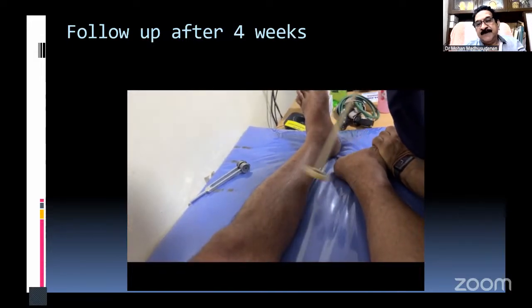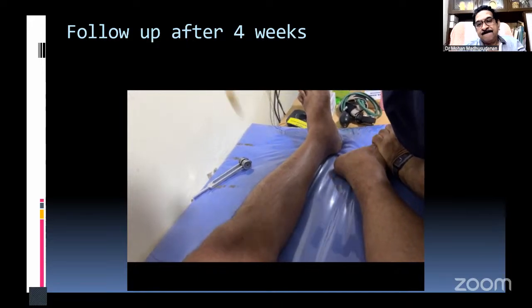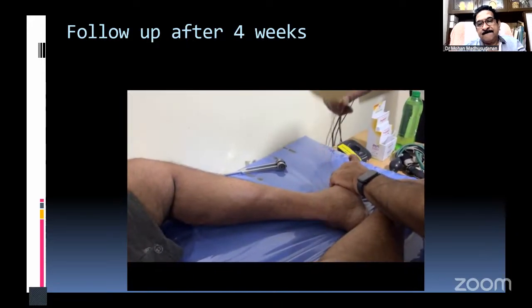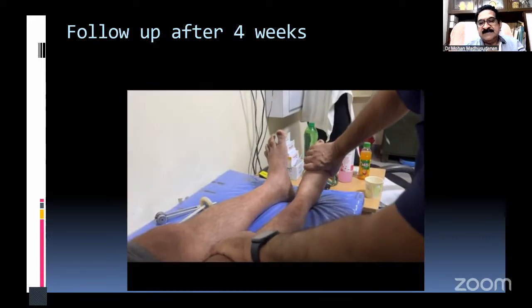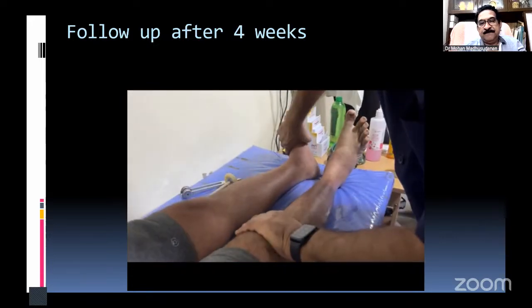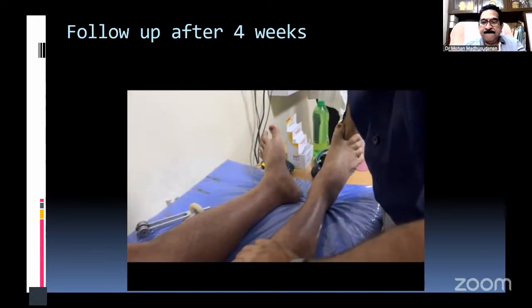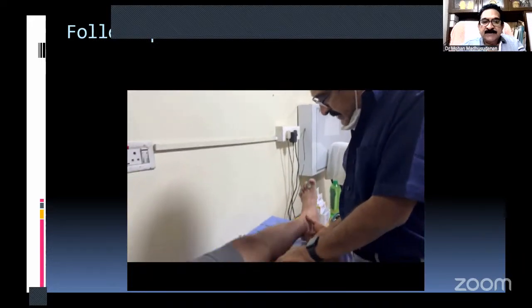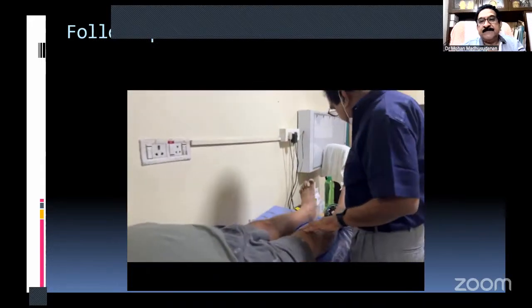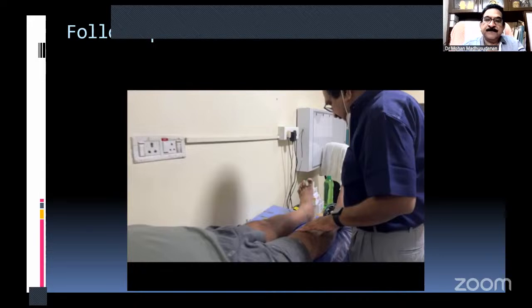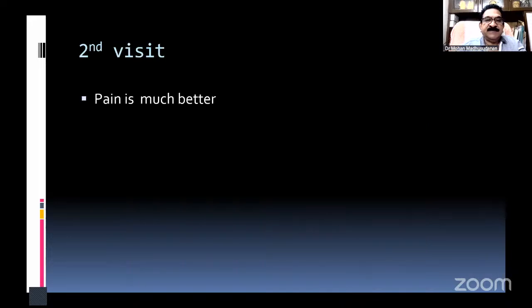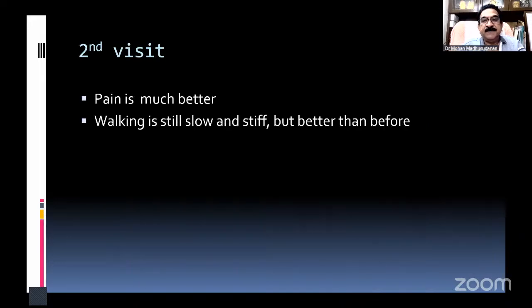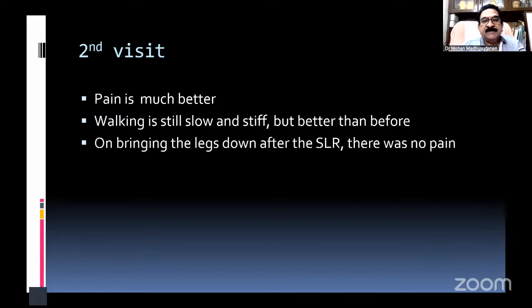Again, the ankle jerk continued to be absent. His ankle joint was painful. Initially, he would scream with pain. That pain is not there on bringing the arm downward. This is the second visit. Pain is much better. Walking is still slow and stiff, but better than before. On bringing the legs down after SLR, there was no pain.